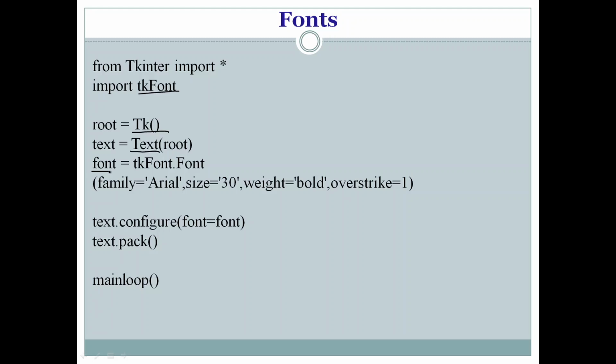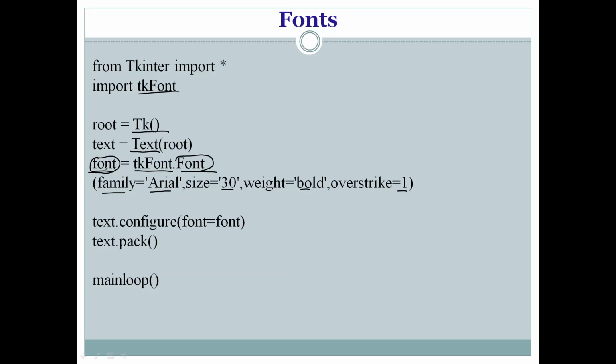Then we are creating a font. So tk font dot Font class, and in brackets family as Arial, size as 30, weight as bold, and overstrike equals 1. So we have created a new font, right, and the name is font.